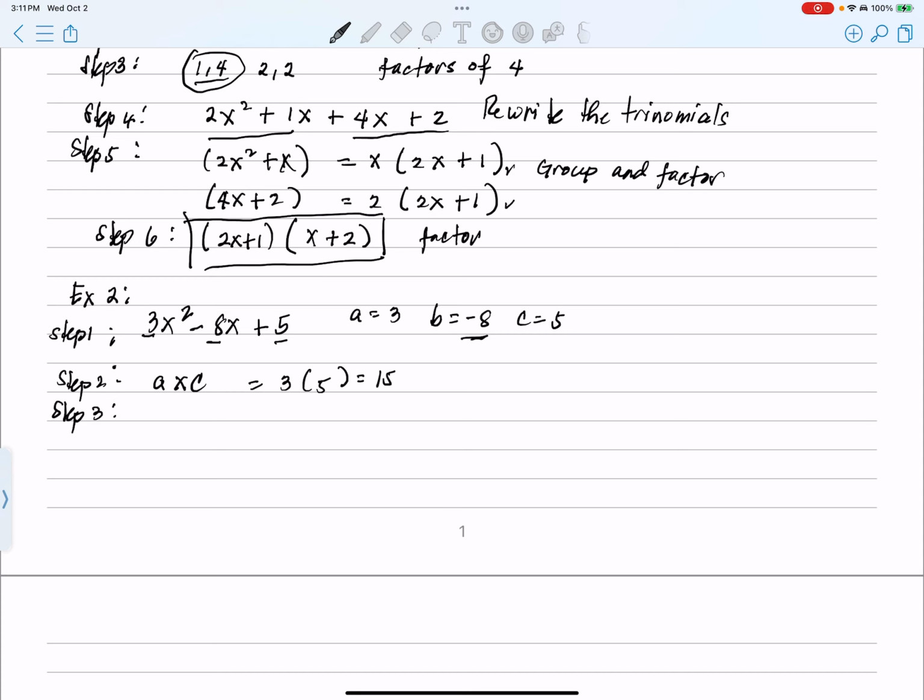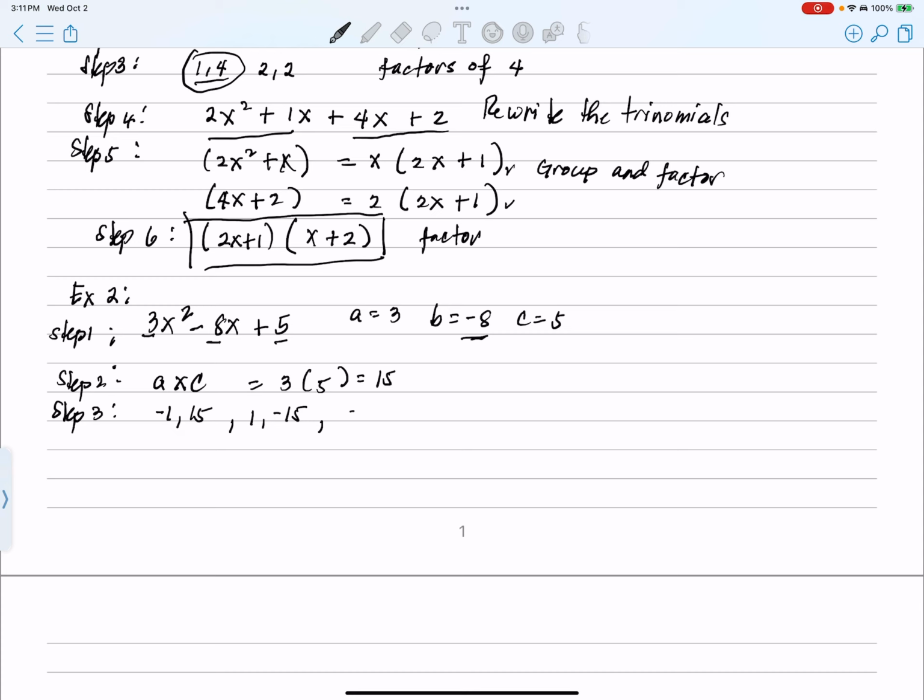So I could start the list with 1 and 15. I cannot have a negative factor for that. I need a negative number. So I could have a negative 1 and a positive 15, or 1 and negative 15. Can I have by 2? No. By 3?